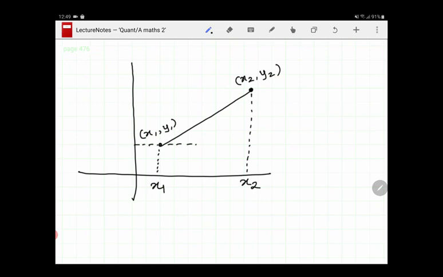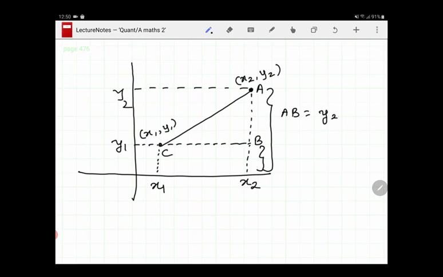Similarly, if I draw this line, here it is y1 and this particular point is y2. If I draw the triangle ABC, then the length AB is nothing but the entire length y2 minus this length y1, y2 minus y1. Similarly, BC is equal to this entire thing x2 minus this x1, so x2 minus x1.